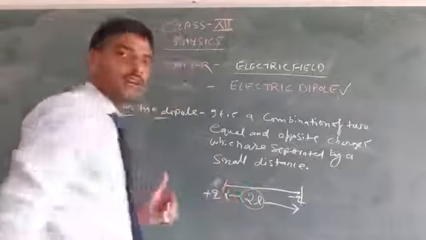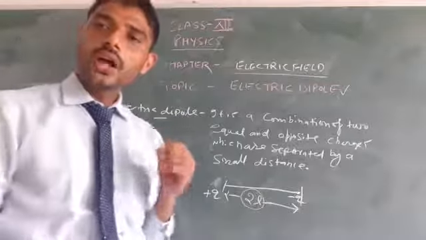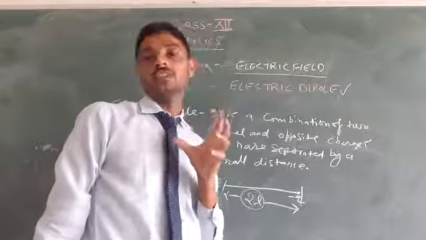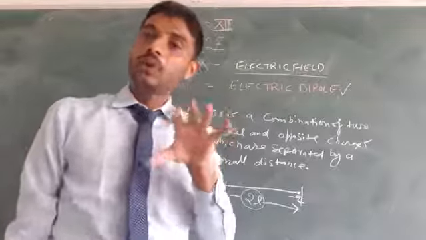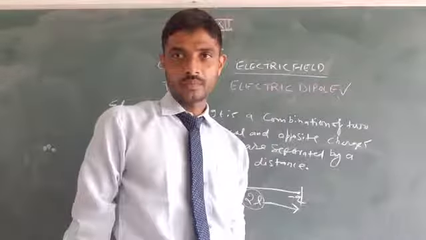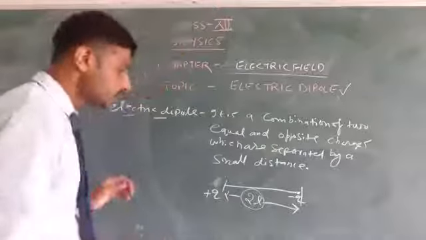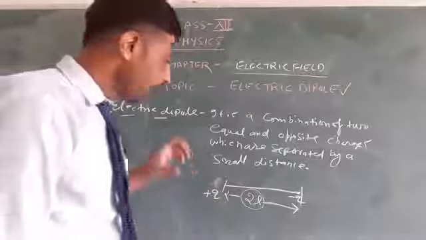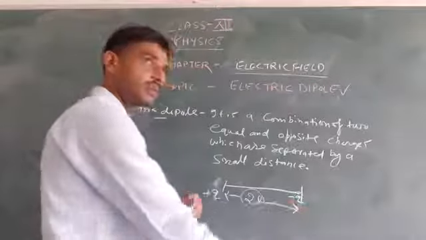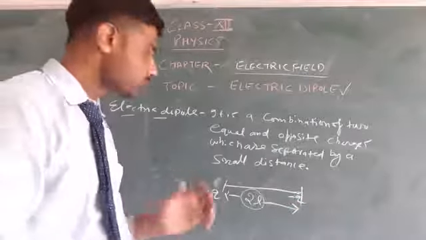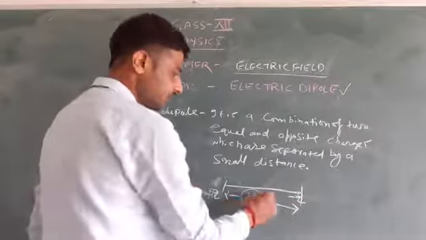An ideal dipole consists of charges separated by a small distance. Okay, and as you know, length is a scalar quantity. But in this case, to represent the direction, we have to take this as a vector quantity.